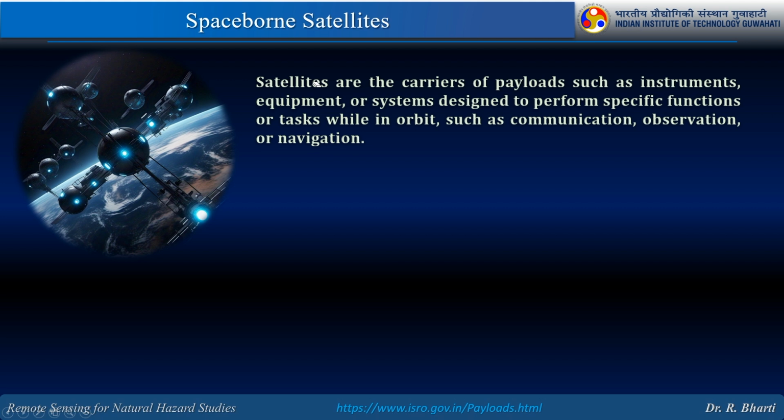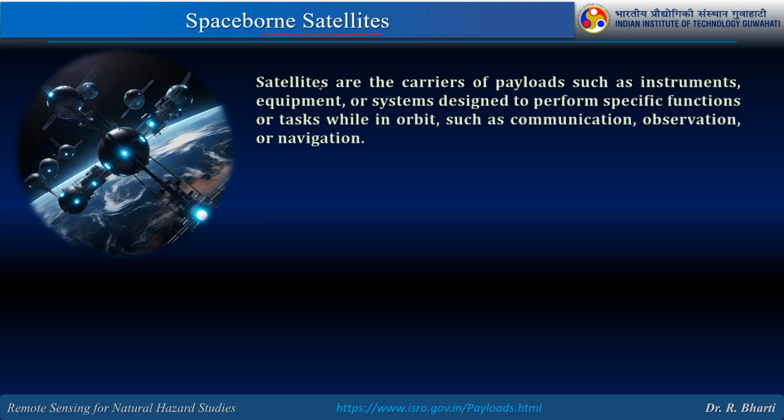I wanted to make sure that you understand the difference between space-borne satellites, the payloads and the sensor detectors. So that's why this particular slide will explain the difference between the satellite, payloads, sensor, detectors, and how we are performing the remote sensing from space.